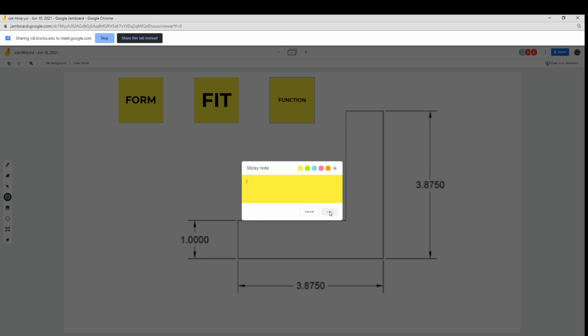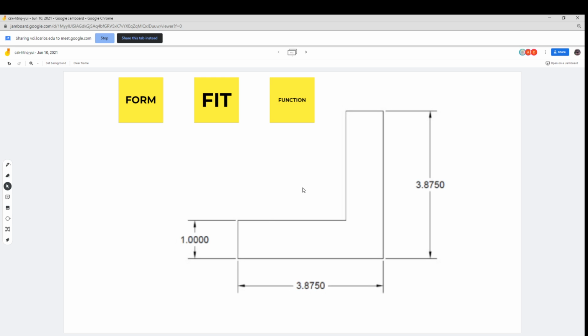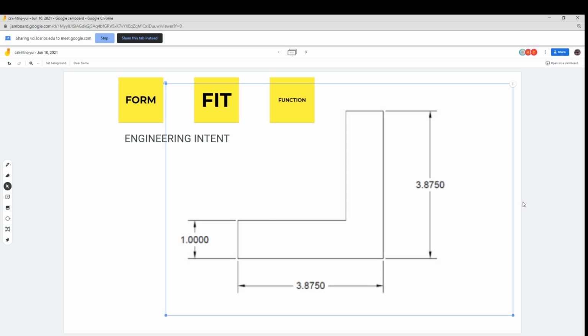And I don't care what it is, if it's mechanical, architectural, landscape, interior design, form, fit, and function are all critical. And we call that engineering intent. So those things all together create your engineering intent.